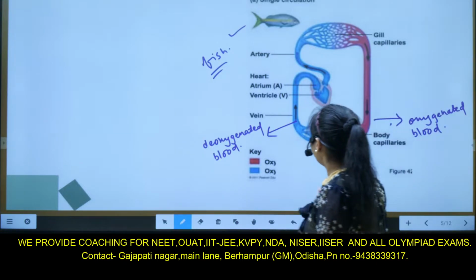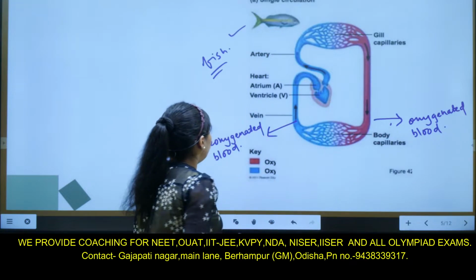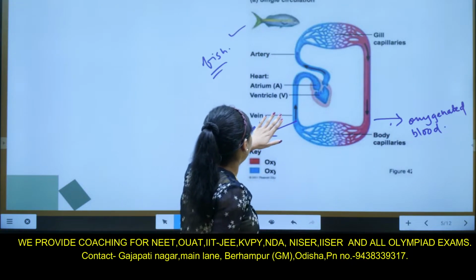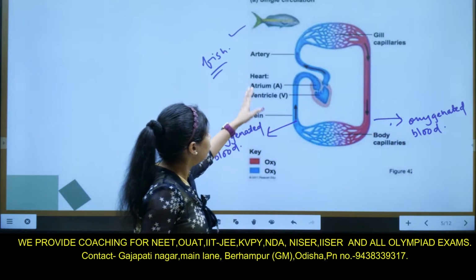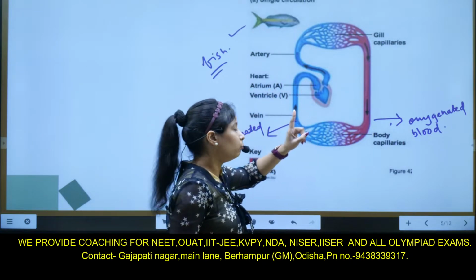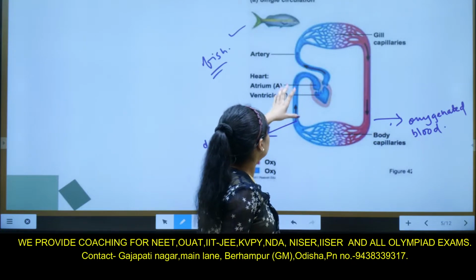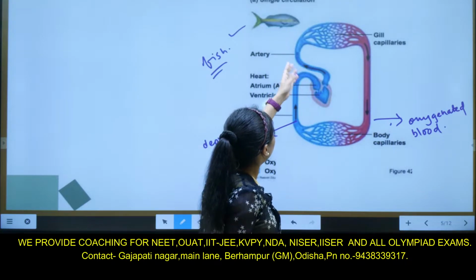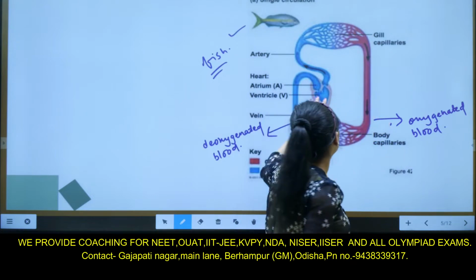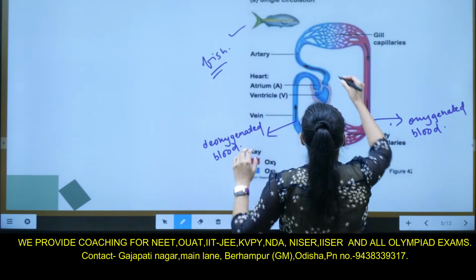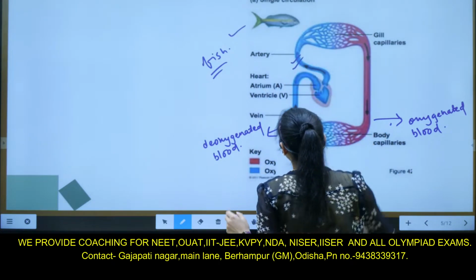So firstly, the deoxygenated blood comes to the heart through veins, and after that it passes through the heart only once, and after that it is filtered through the gills, and after that it passes to all body parts through the artery that provides the oxygenated blood.